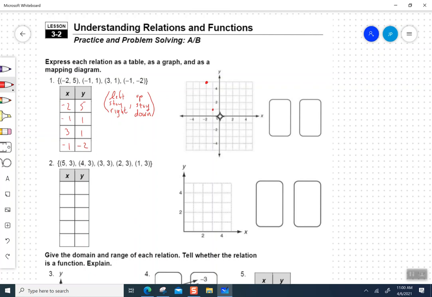Next one's going to be (3, 1). So I'm going to go right 3, 1, 2, 3, and then up 1 unit. Last one's going to be left 1, and then down 2, 1, 2. There is my graph. Now I'm going to do my mapping.